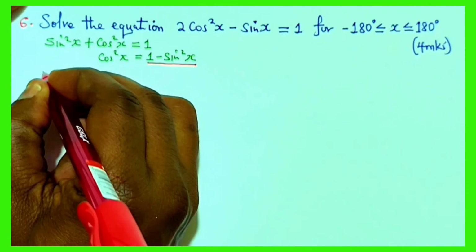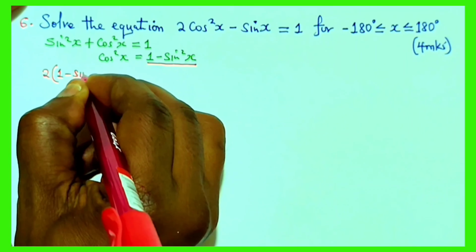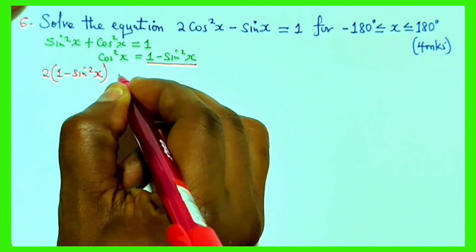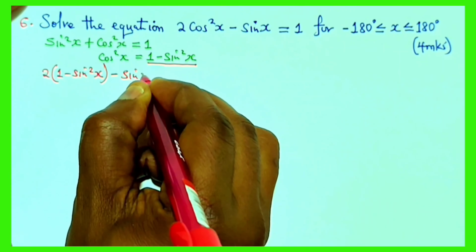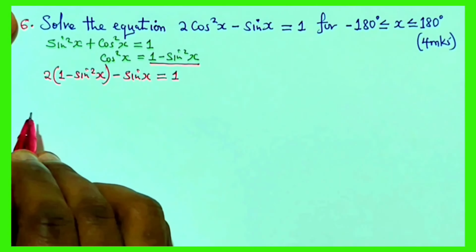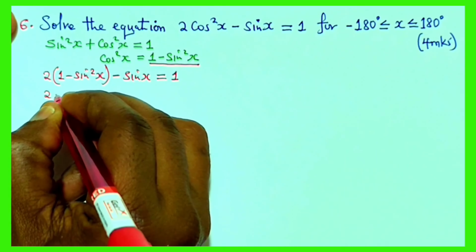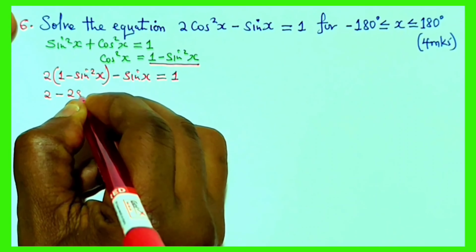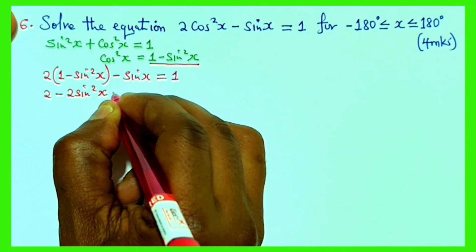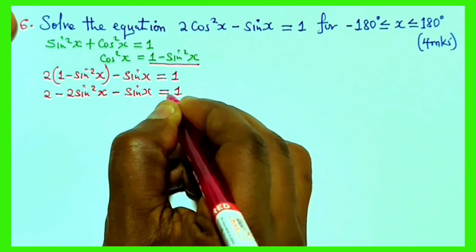So we're going to have 2 into 1 minus sine squared x, and then minus sine x to be equal to 1. And then when we open the brackets here, we end up having 2 minus 2 sine squared x minus sine x to be equal to 1.